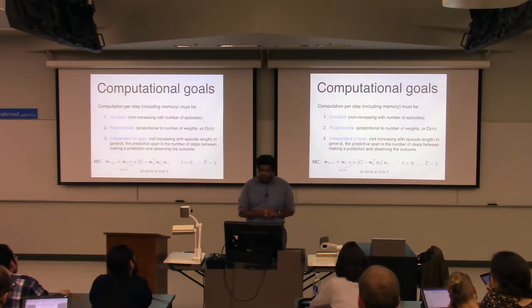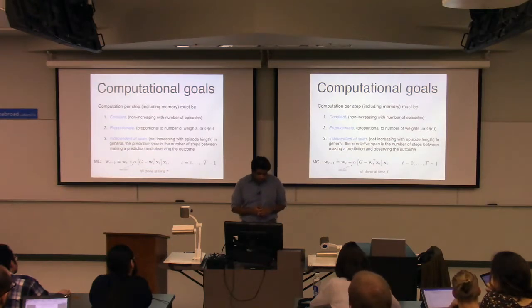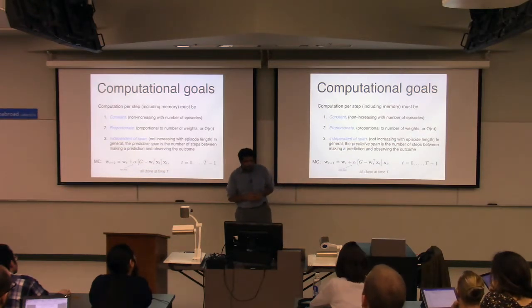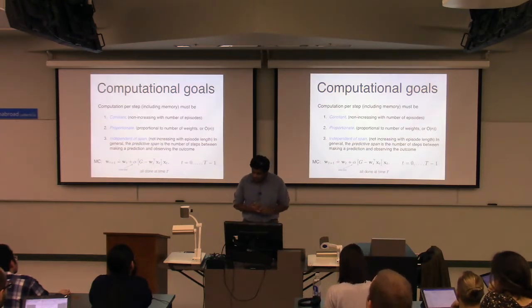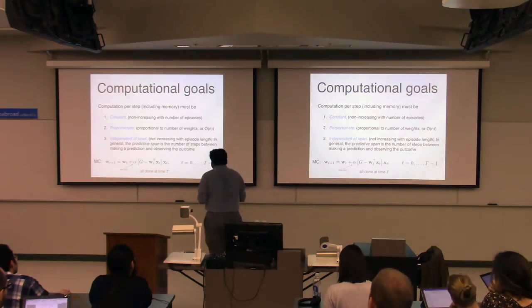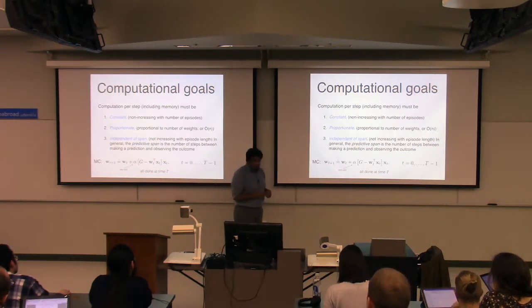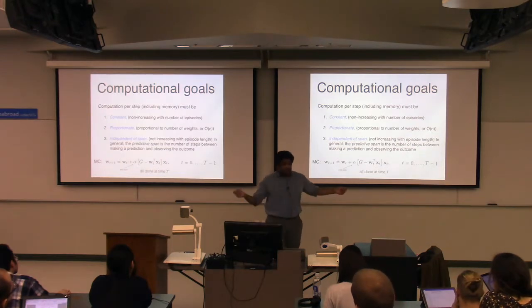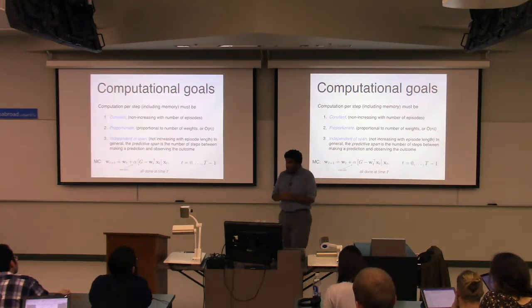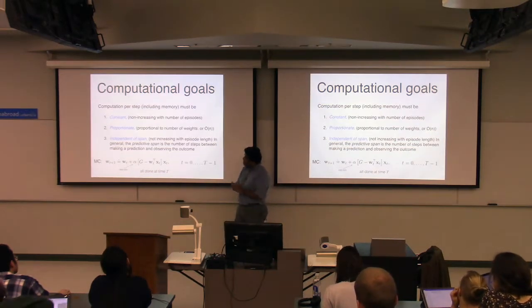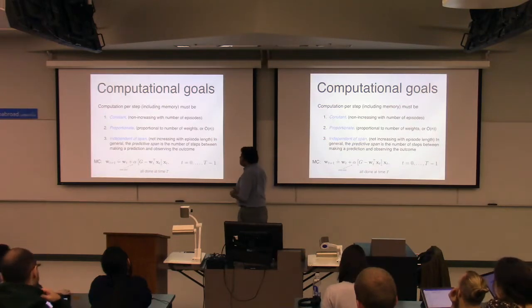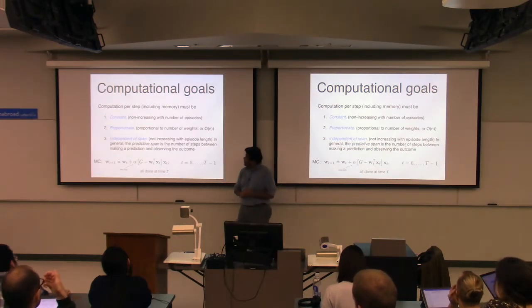And then the third one is really quite strongly related to things like eligibility traces and Dutch traces. So this idea of being independent of span. So if you don't want your computation to increase as your episodes grow or change in length, right? So then this is a special one, right? This is one that's sort of in a lot of the RL algorithms that we see here, but they're in some sense difficult to achieve in general.